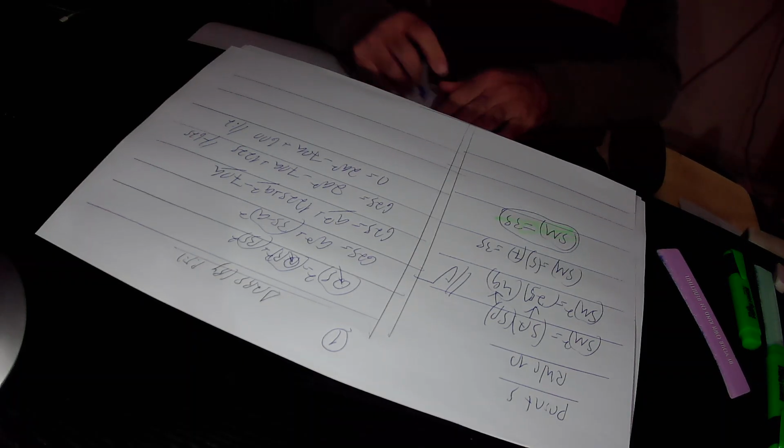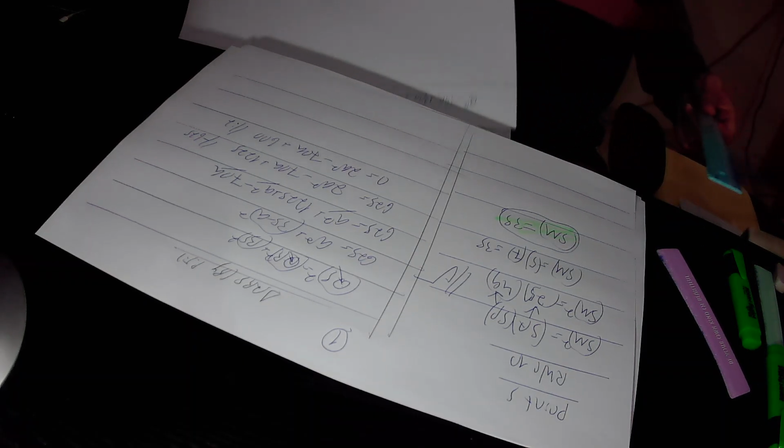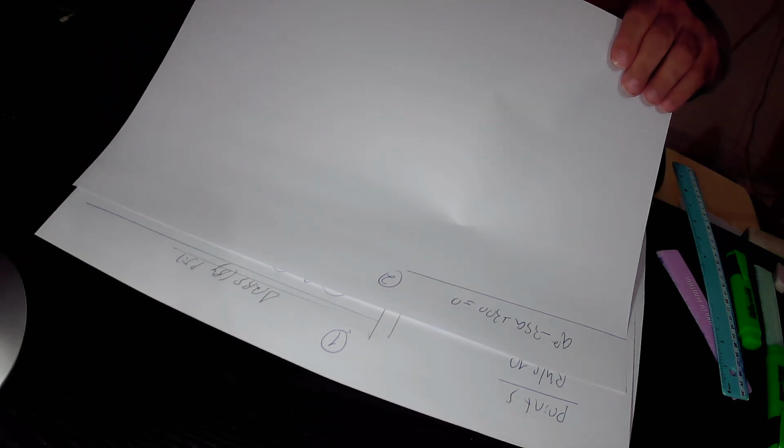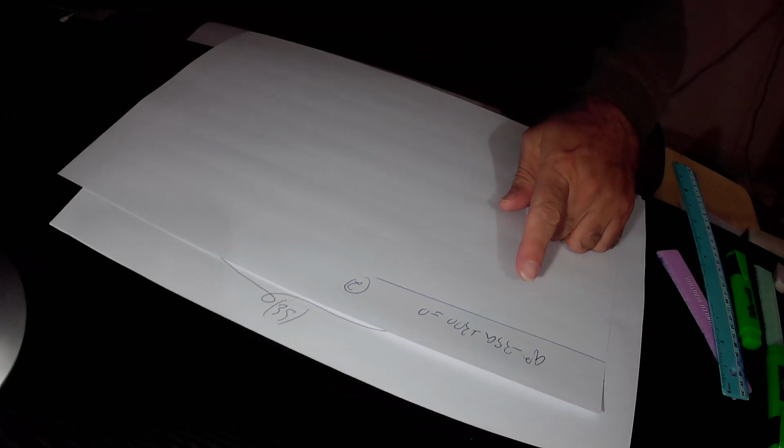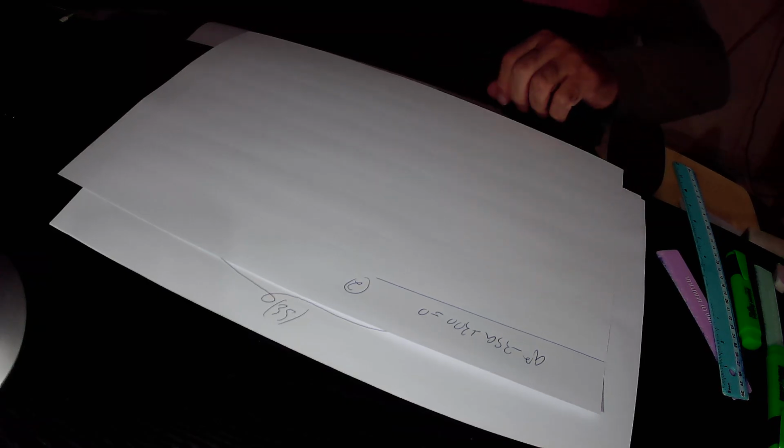So in total, we found that a squared minus 35a plus 300 equals 0.